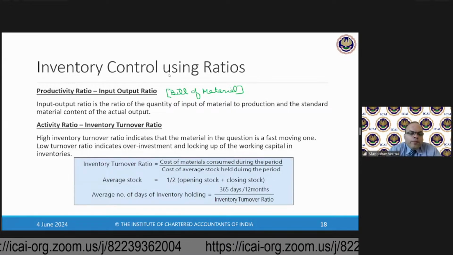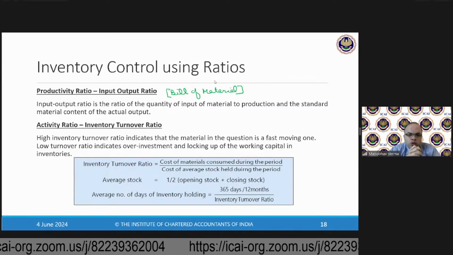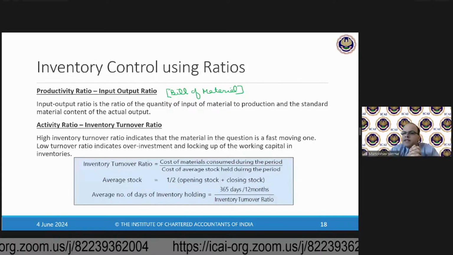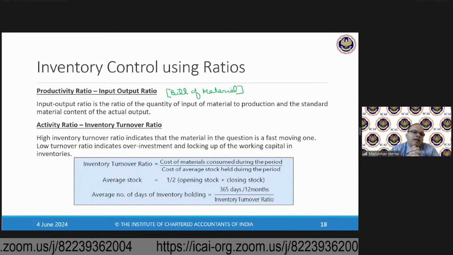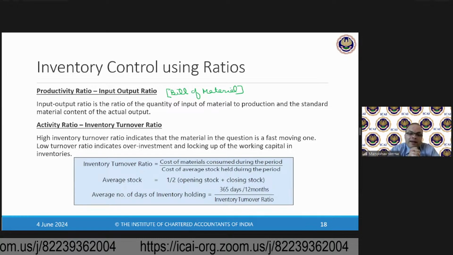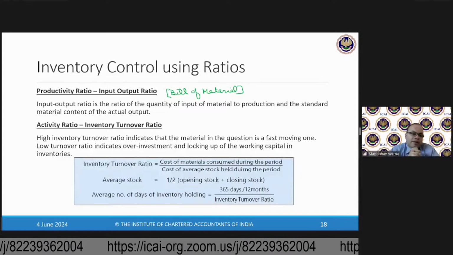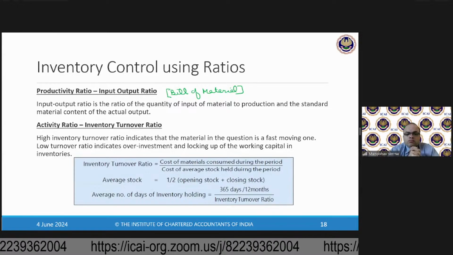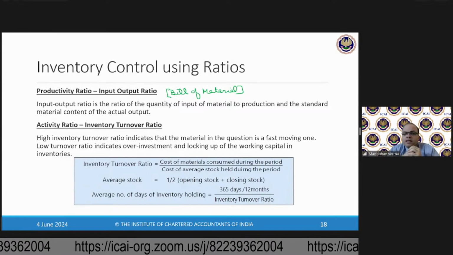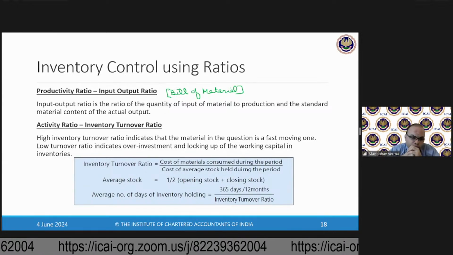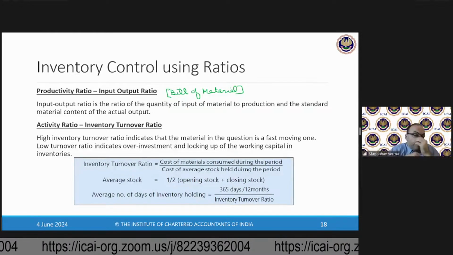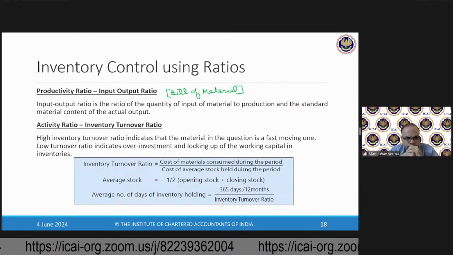Okay. So in terms of the activity ratio, we are looking at the inventory turnover ratio, which is the average raw material consumed upon the average stock. That is also very important because we want inventory to be churning around, right?